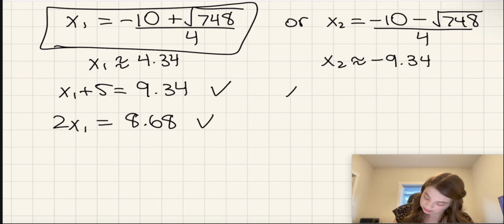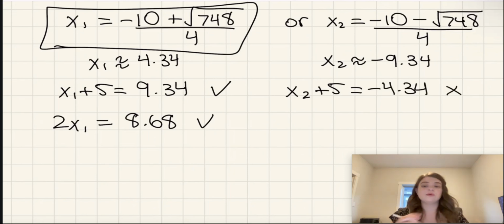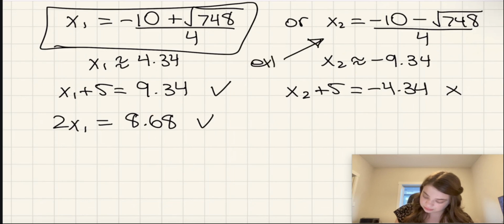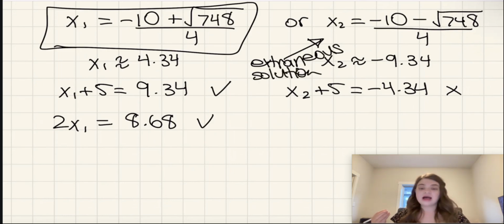However, x2 plus 5 is going to be equal to negative 4.34, which is a negative answer. So just based on that alone, we can say this is an extraneous solution. Okay.